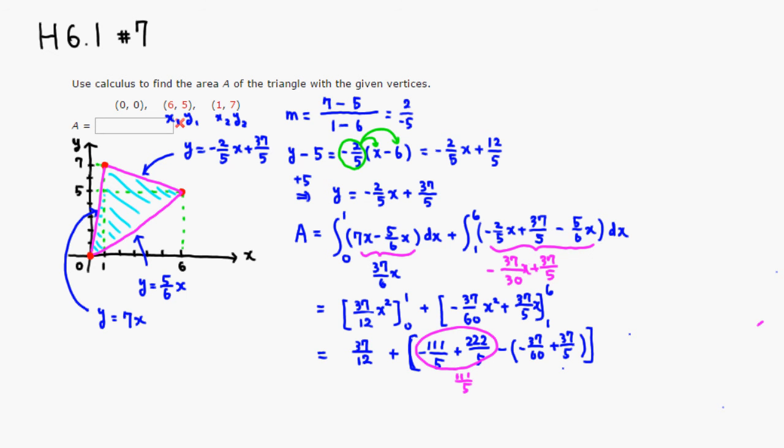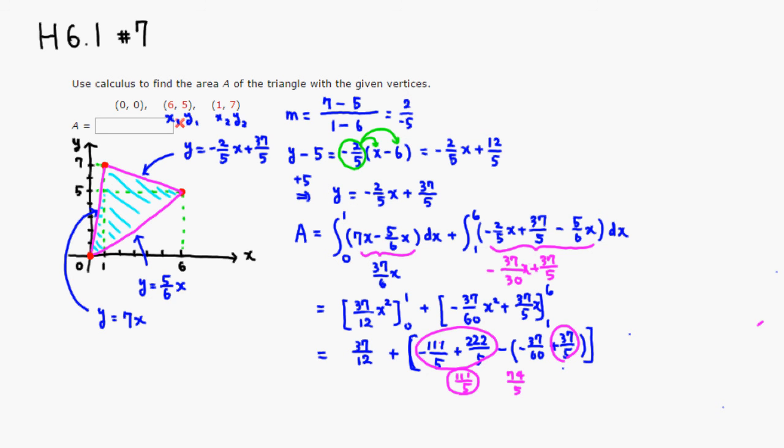And then I can combine this guy with that guy. There's a negative sign here, so it's going to be 111 minus 37. So that would be 74, then divide by 5.